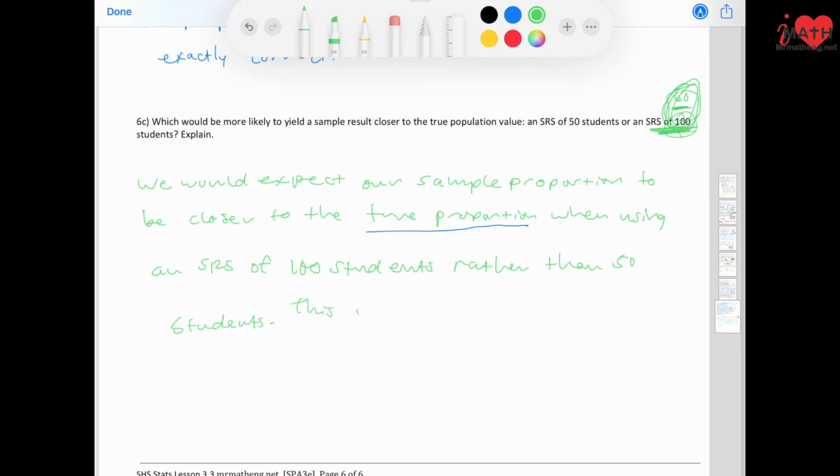This is because increasing sample size reduces sampling variability.